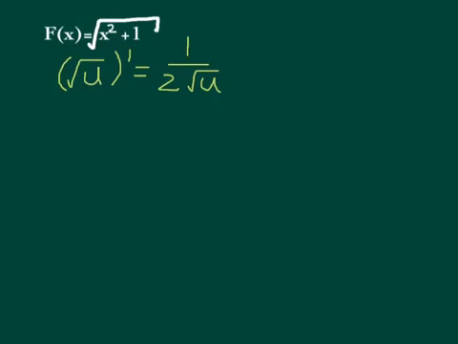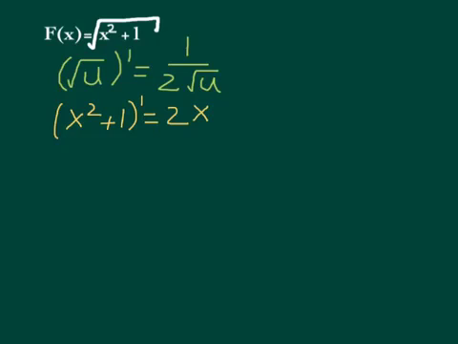The only difference is that this time our u is not just a variable, it's another function. And the derivative of that internal function is, of course, 2x. This is just the preparation we were doing to do the main thing.